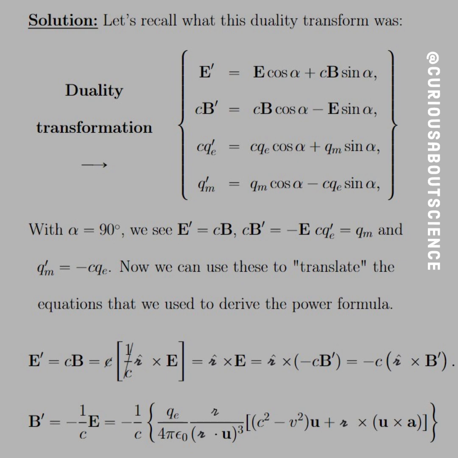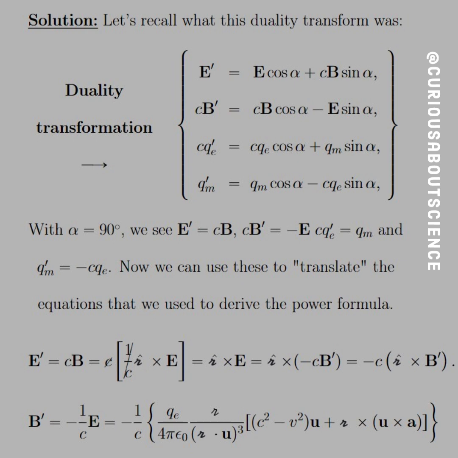Okay, so we have all those terms down, and now we can use these to translate the equations that we use to derive the power formula. Again, 90 degrees, since we know that the electric and magnetic fields are offset by 90 degrees, they're mutually orthogonal. So E prime, the field that we want with respect to the magnetic monopole, is equal to CB as given in the duality transform, but we know that B is equal to R hat cross E. So you see the factors of C cancel, no big deal.